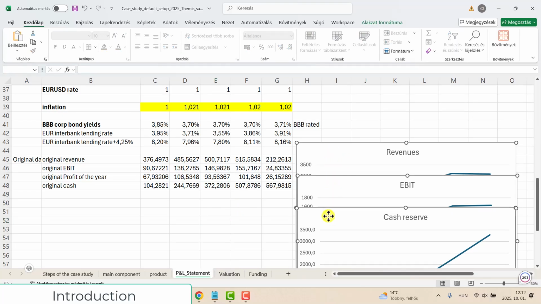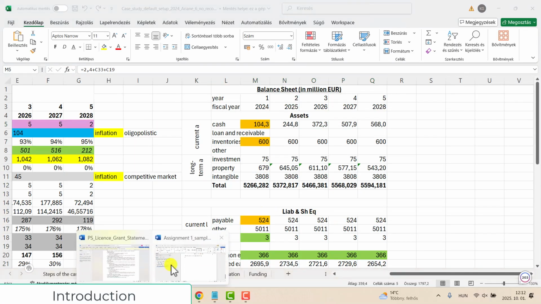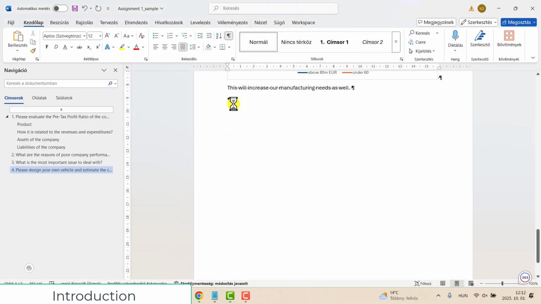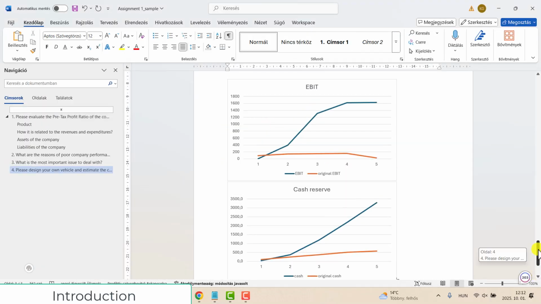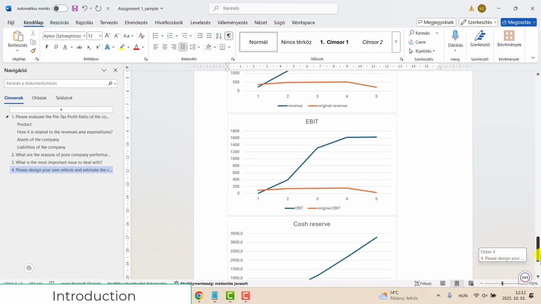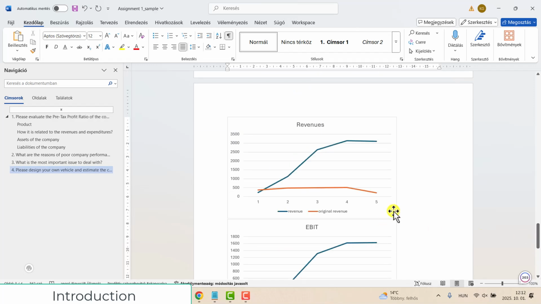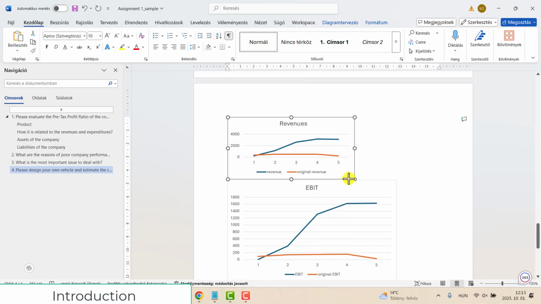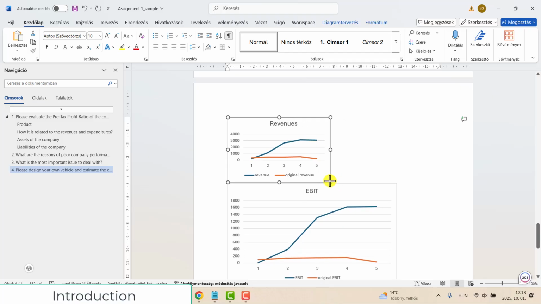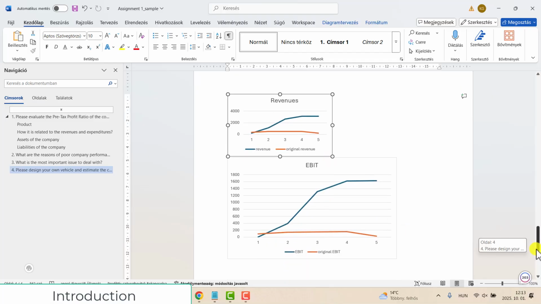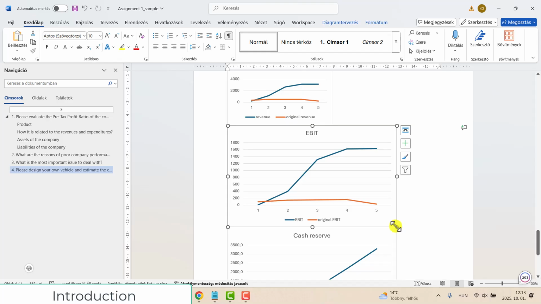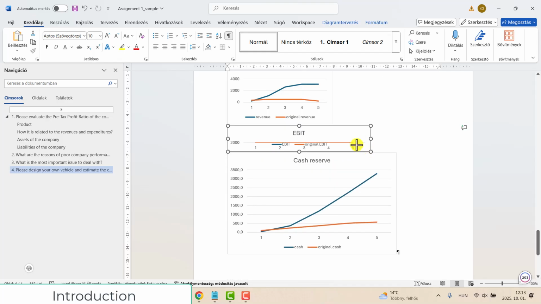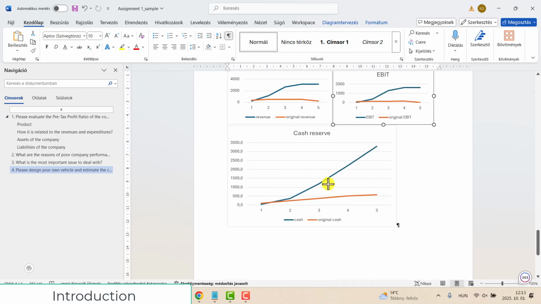So with these three graphs, we can highlight that our profitability has been improved a lot. Okay, we can add that these things are in million euros, not in bread, but that would be just fancy formatting of things.